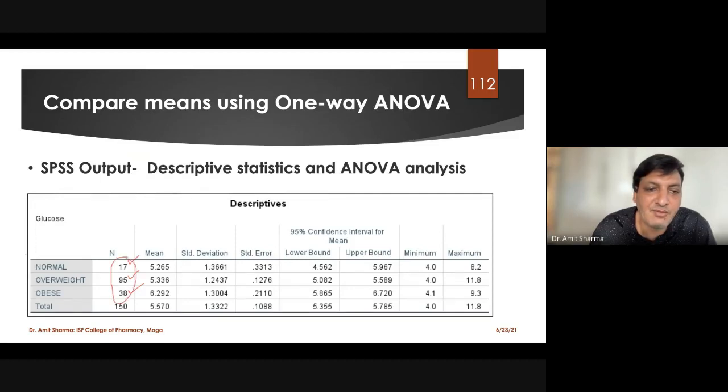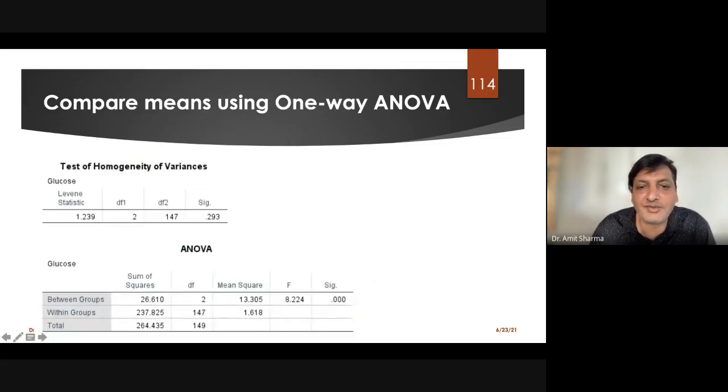For example, if we had only two in normal, or one in normal, we would not get this value. This value would be less than 0.05, and we would say that we are not eligible for the test because the homogeneity of variance test was found not significant. Equality was not maintained.